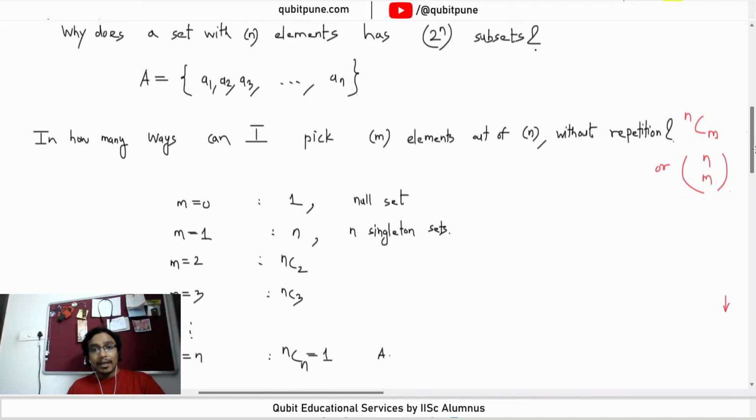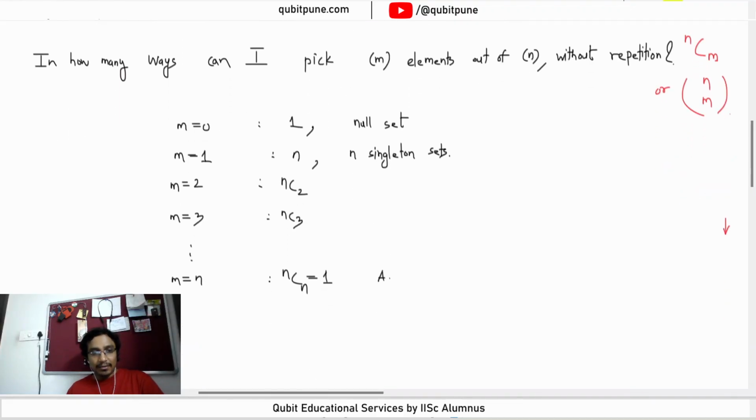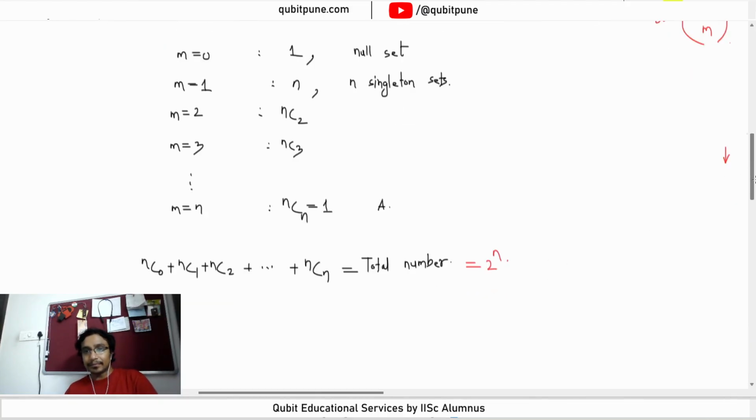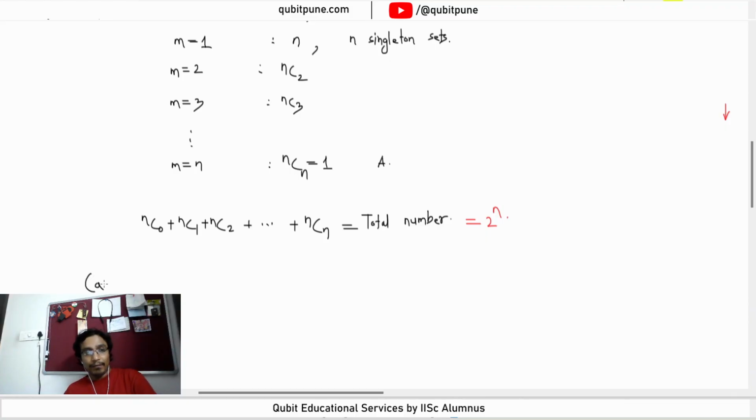Now this is basically the number of subsets that we have got. So we need to add all these things, and these are binomial coefficients you might be aware of. So it is nC0 plus nC1 plus nC2, and so on till nCn. This is the total number. And to prove that the value of this is 2 raised to n, we first use the binomial theorem.